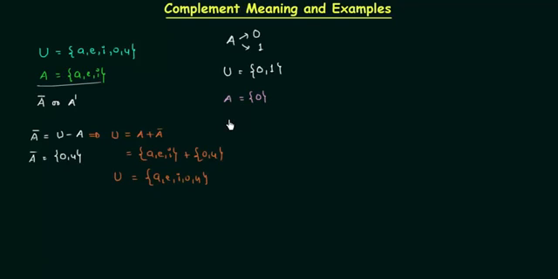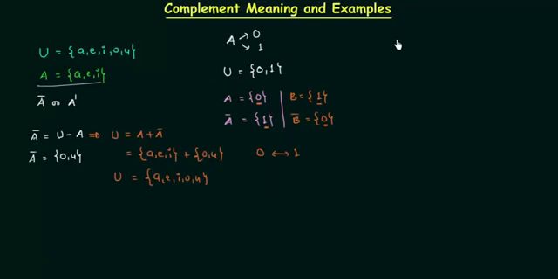If I want to take the complement, then I will have this set in which the element will be 1. In the same way, if there is another set B having the element 1, then B complement will have the element 0. So simply, complement of 0 is 1 and complement of 1 is 0. This is a very important point that you should keep in your mind while solving problems on complement.